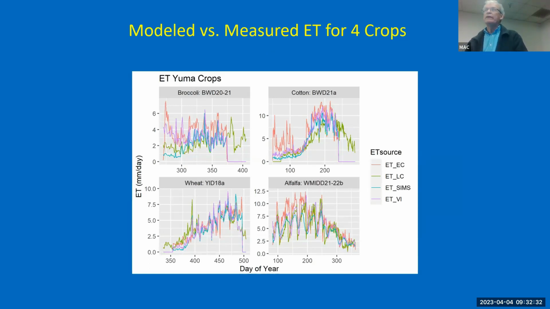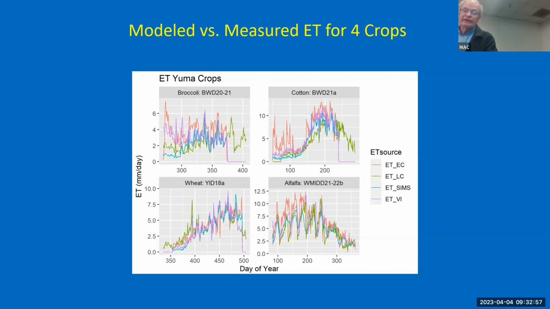So we're now looking at the transition here of comparing eddy covariance data with modeled and going into remote sensing. We've taken those 4 crops that were presented before, broccoli, cotton, wheat, and alfalfa, and we're comparing eddy covariance versus different models.